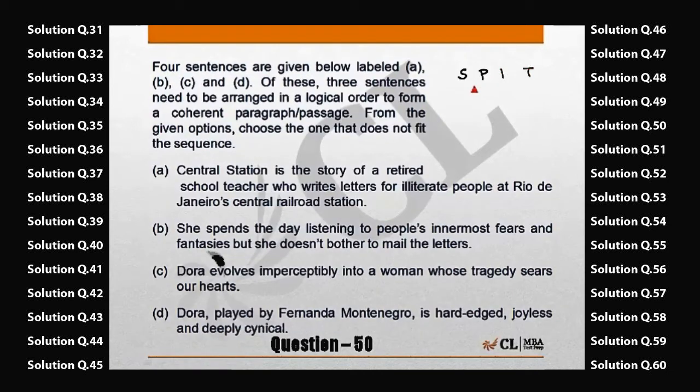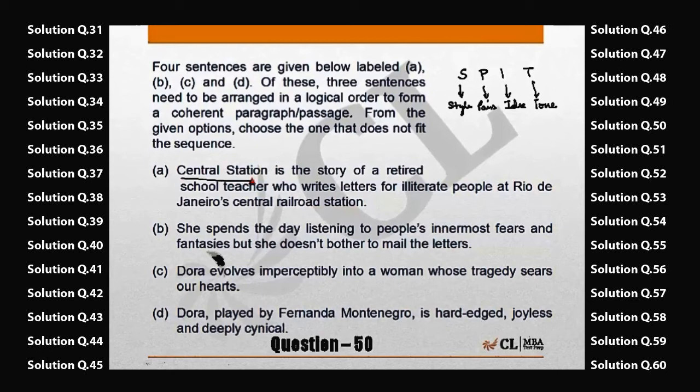We will try and look at each of these either by style, or by identifying pairs, or understanding any deviation in idea or the tone. Let's start with A. Central Station is the story of a retired school teacher who writes letters for illiterate people at Rio de Janeiro's Central Railroad Station.